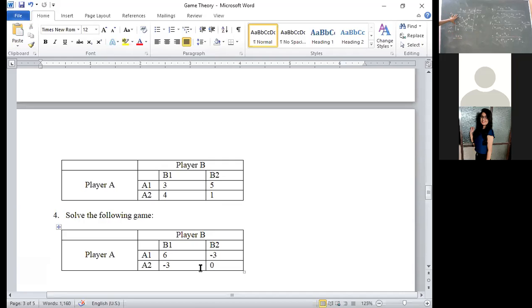If it is 2 by 2, we apply this rule. If it is 3 by 4, then we have to use the principle of dominance rule.